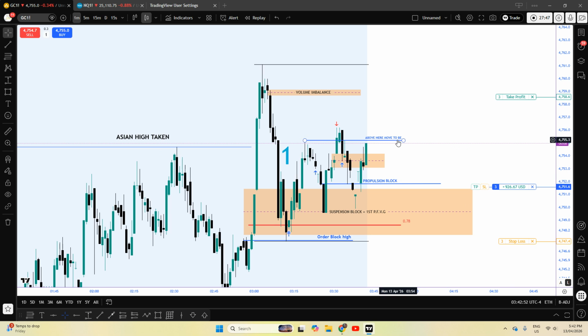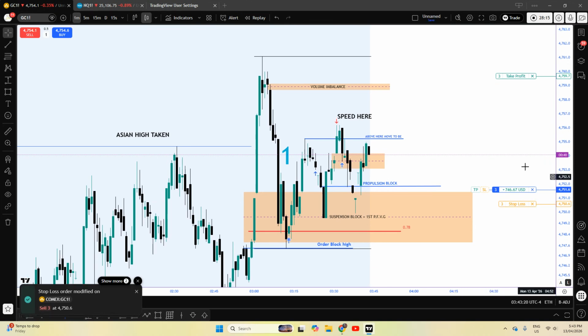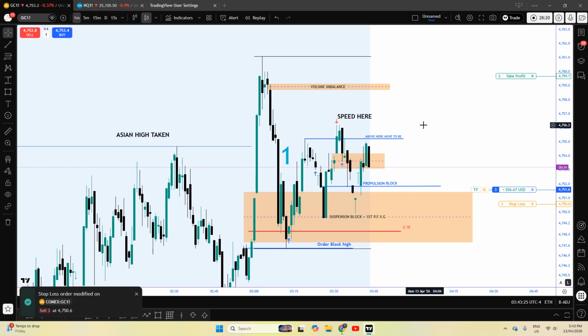So let's see if we can get some speed here. See some speed here, taking out this high and heading towards this volume imbalance. Looks like it started to consolidate again.